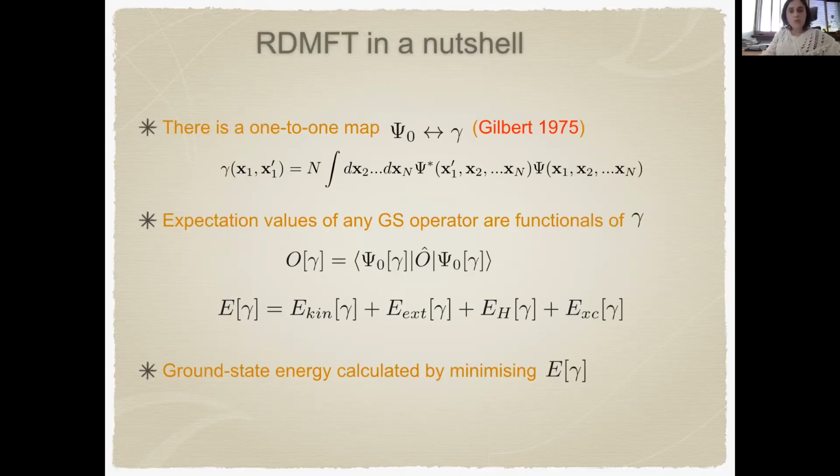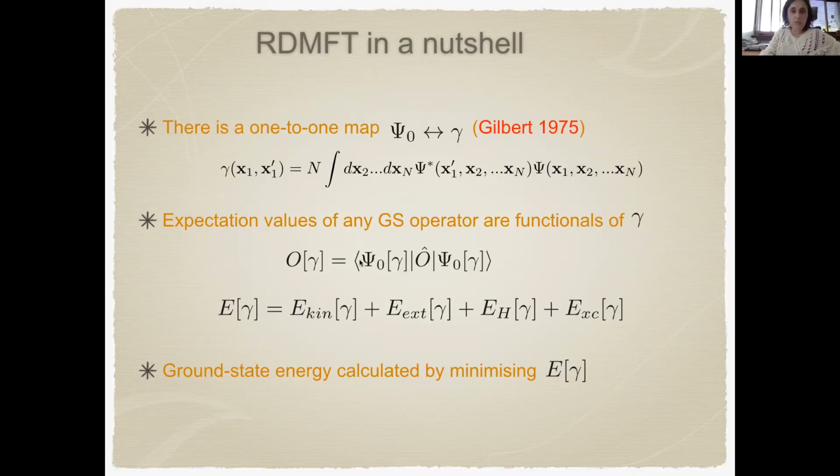You can prove that for a non-degenerate ground state, there is a one-to-one mapping between the ground state wave function of your system and the one body density matrix of your system, okay? And this is enough to set up a functional theory based on the one body reduced density matrix.